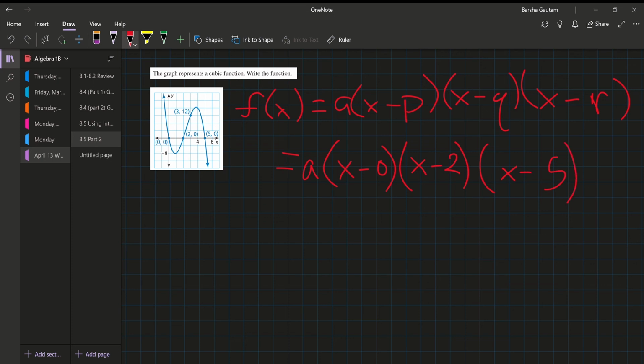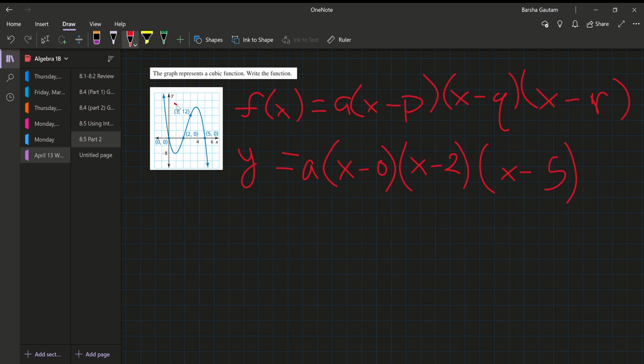Once again, are we done yet? No, we're not done yet because we still have this a here. So that means we need to figure out what our a is equal to. So let's, instead of f(x), let's write y for this. And now, see if you can try to do this by yourself. Let's use this other point that we're given and plug it into the equation.